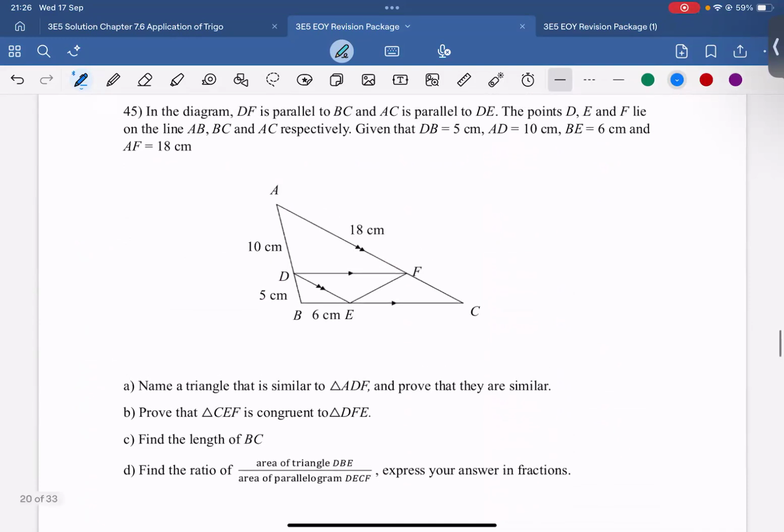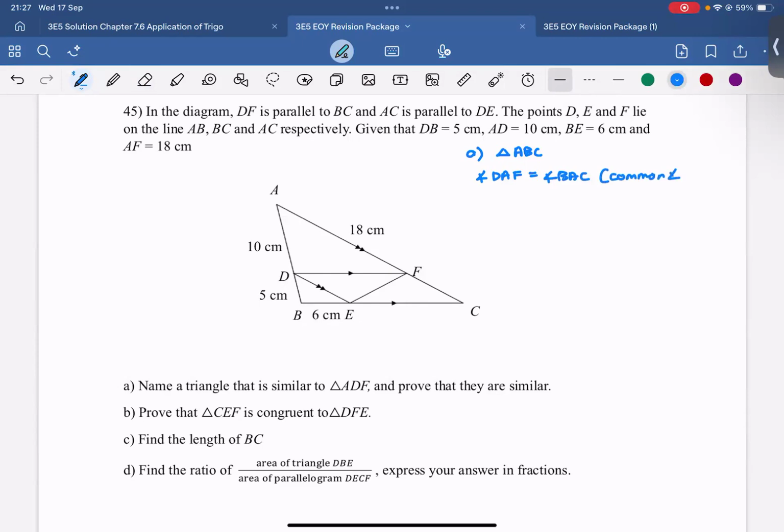In the diagram, DF is parallel to BC, AC is parallel, and so on. When you have a lot of parallel lines, you must think of alternate angles, interior angles, corresponding angles. Name a triangle that's similar to ADF. Triangle ABC, the easiest one. So how to prove that they are similar? Angle DAF equals angle BAC, common angle.